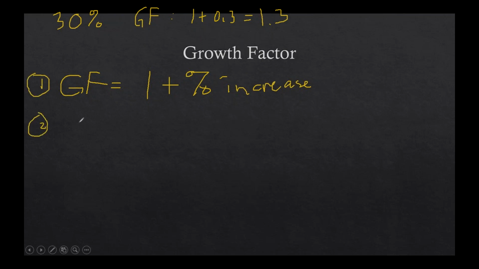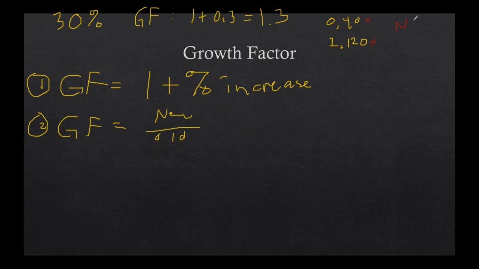Another way to find it is to take your new value and divide it by your old value. So if something is increasing, and at 0 it's 40, and after the first year it's 120, let me change color for effect. This would be new, this would be old, because just like with absolute and relative change, new is the most recent.